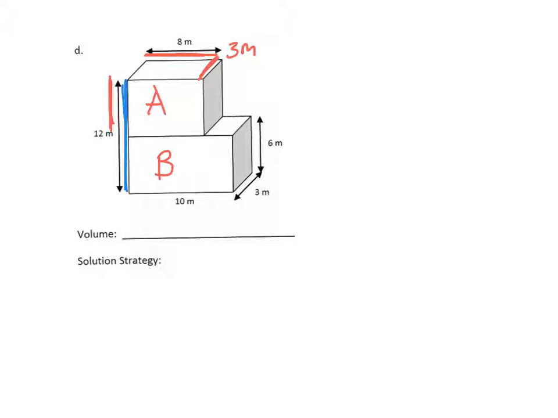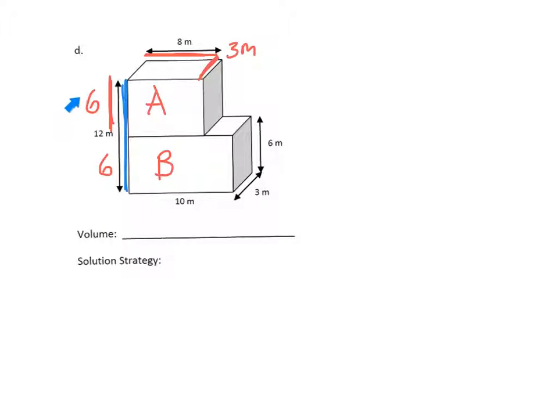Well, they also told me that the height of the bottom figure is 6. So if this is 6, 6 plus what is 12, this has to be 6 also. I want to point out that this is not 6 because it looks like it's the height of this. We're not eyeballing this. We're using math with precision.